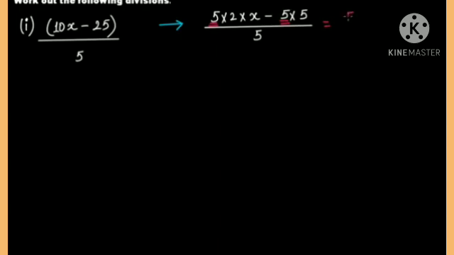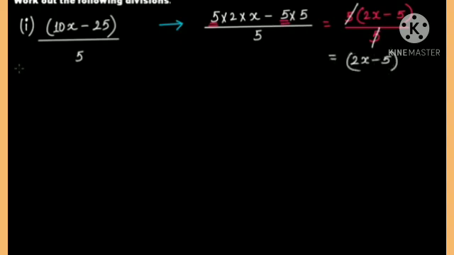So take 5 out and then you have 2x minus 5 divided by 5. Now this 5 and this 5 get cancelled because these are common factors in the numerator and the denominator. So you are left with 2x minus 5.